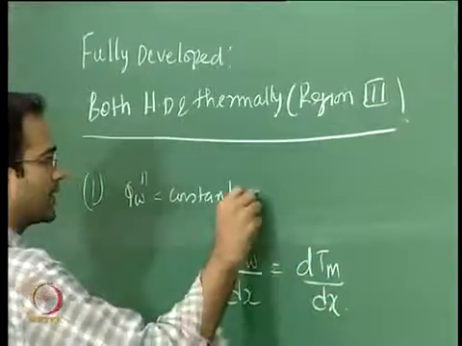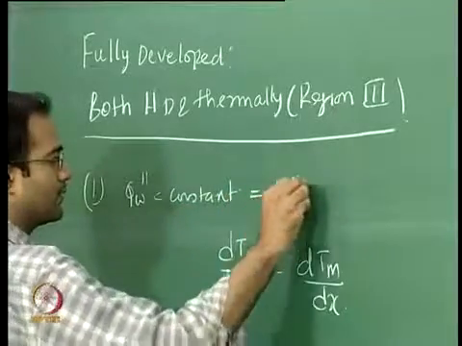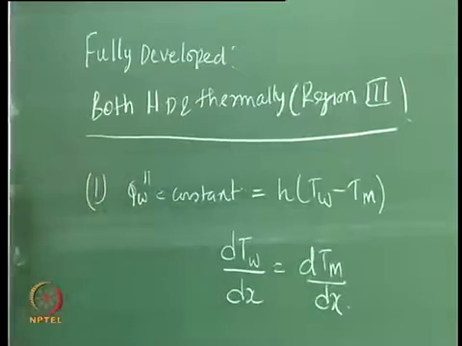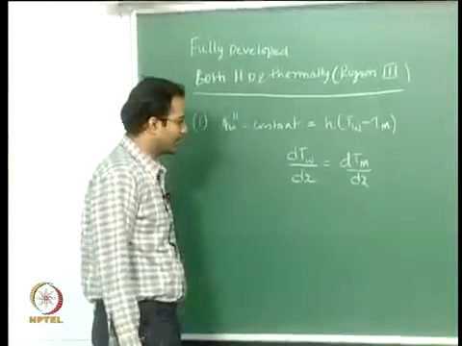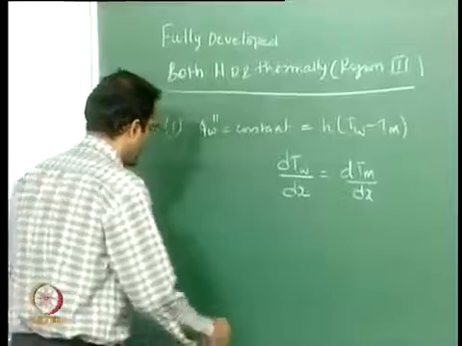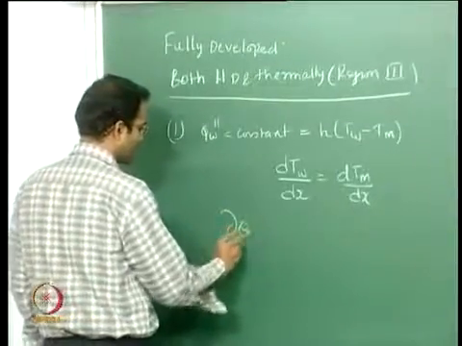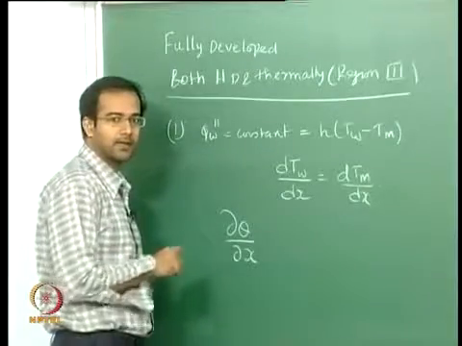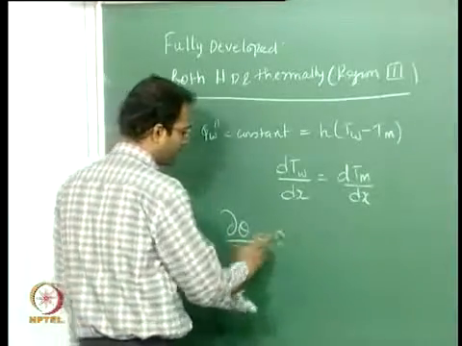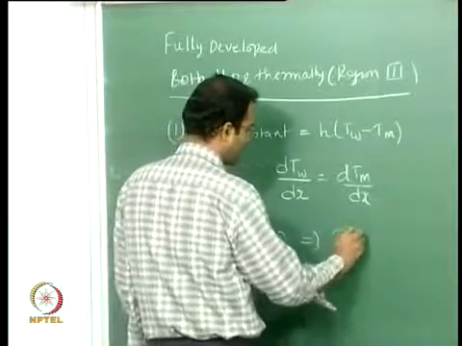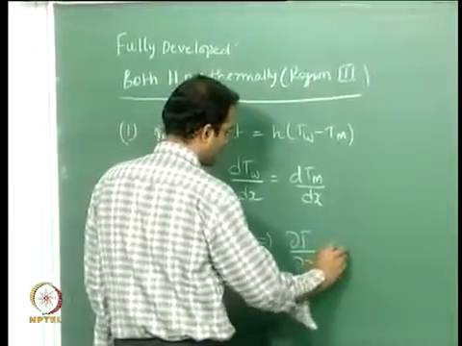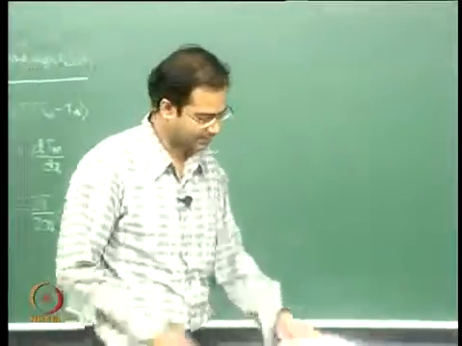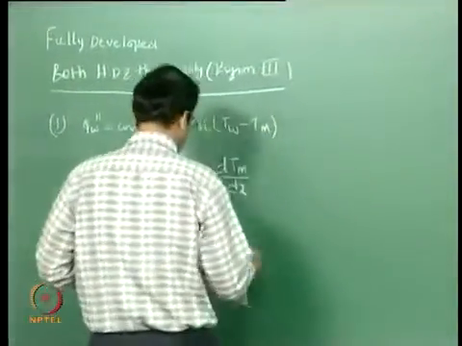This comes because q wall is equal to h into (T wall minus Tm). Also, for thermally fully developed flows, the non-dimensional temperature gradient variation axially is 0. From this we obtained an expression for dT by dx in terms of dT wall by dx and dTm by dx.